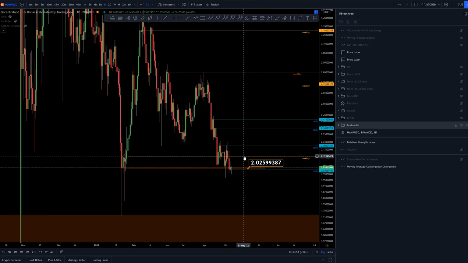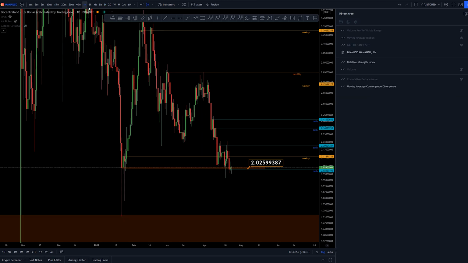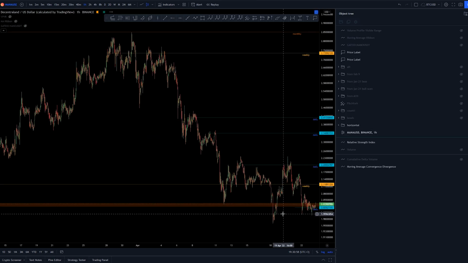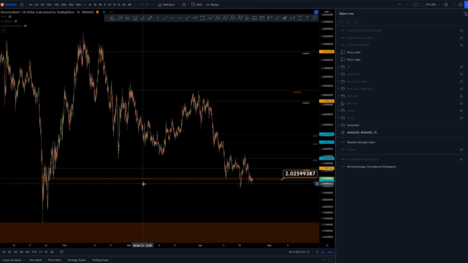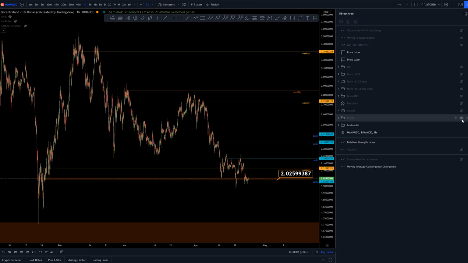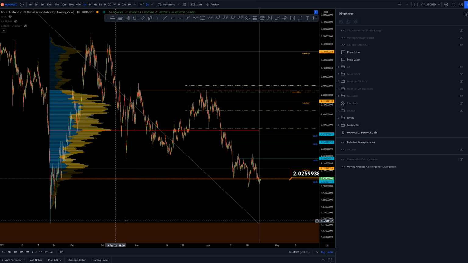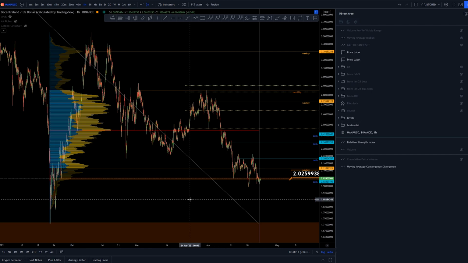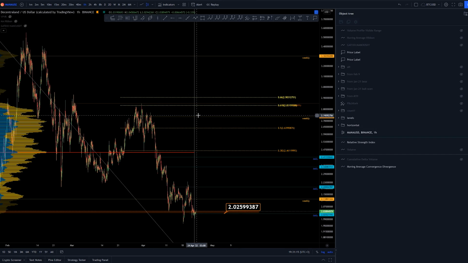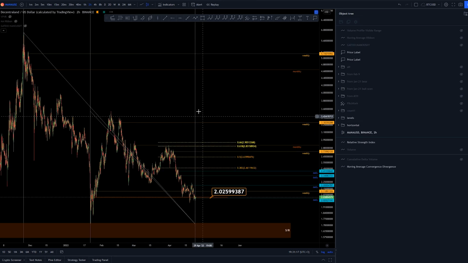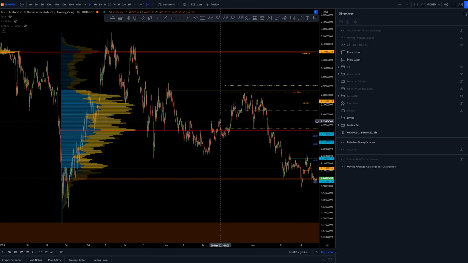Now the weekly here has been tested multiple times, so it might not be acting as too good of a resistance anymore. Some local levels here: we've got this range from the 22nd of January to current day prices, and let's go back to 2 hours to see this properly.